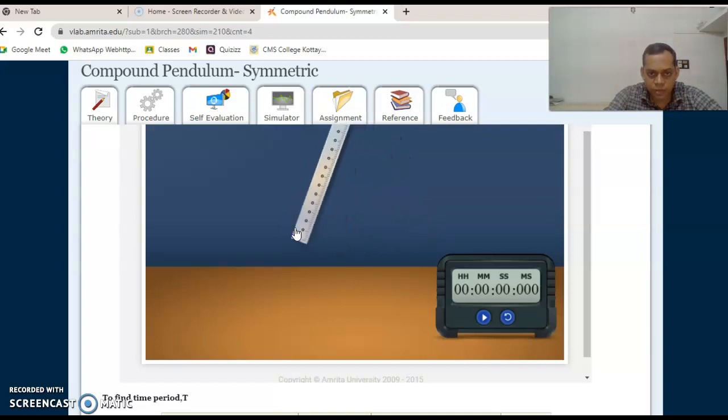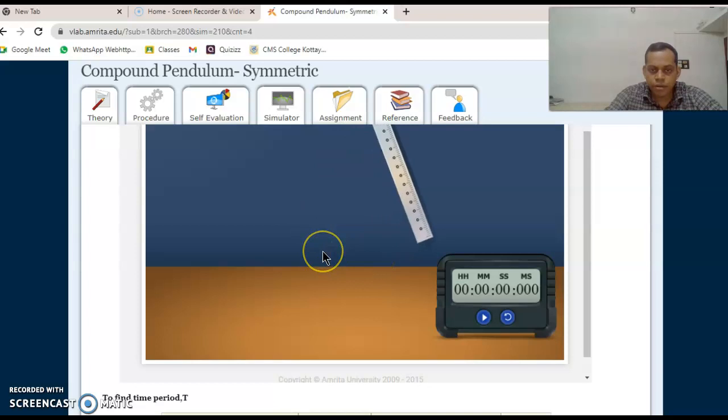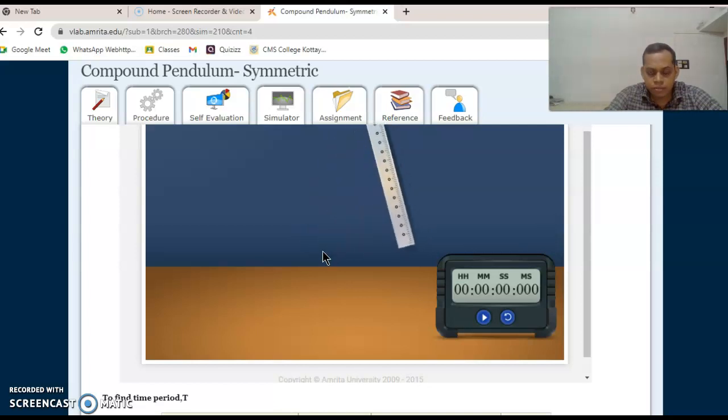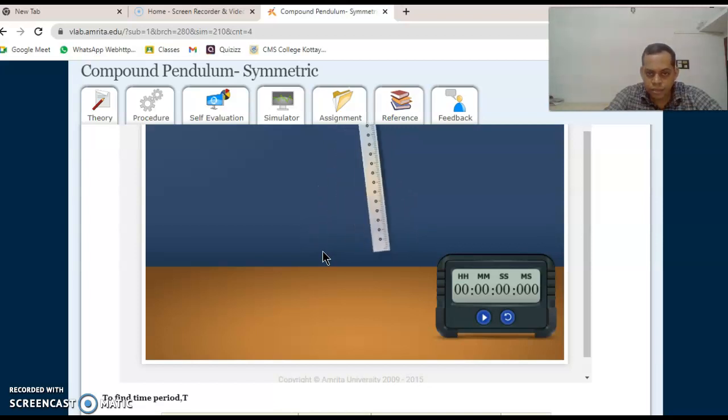We are just oscillating. Now once the pendulum comes to any of the extreme positions, we will start our count. Let's take the leftmost position in the next oscillation. 0, 1, 2, 3.